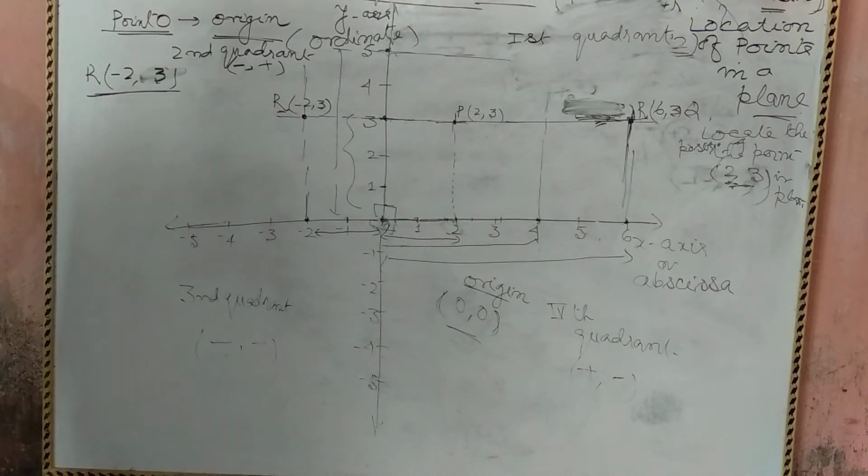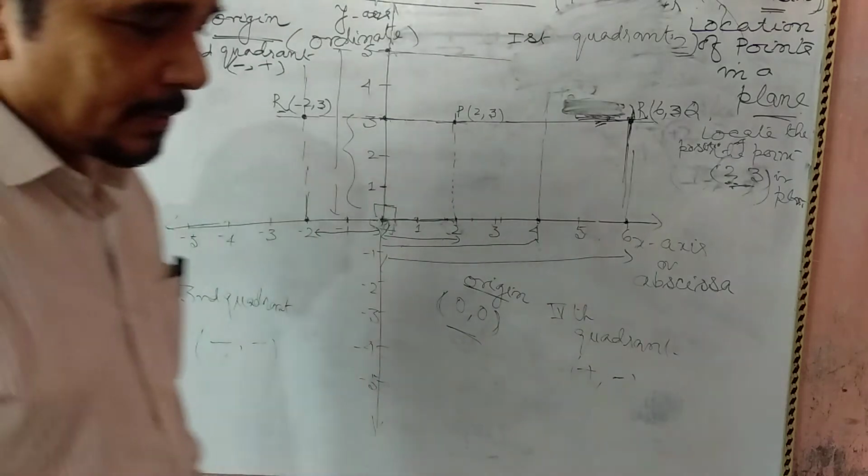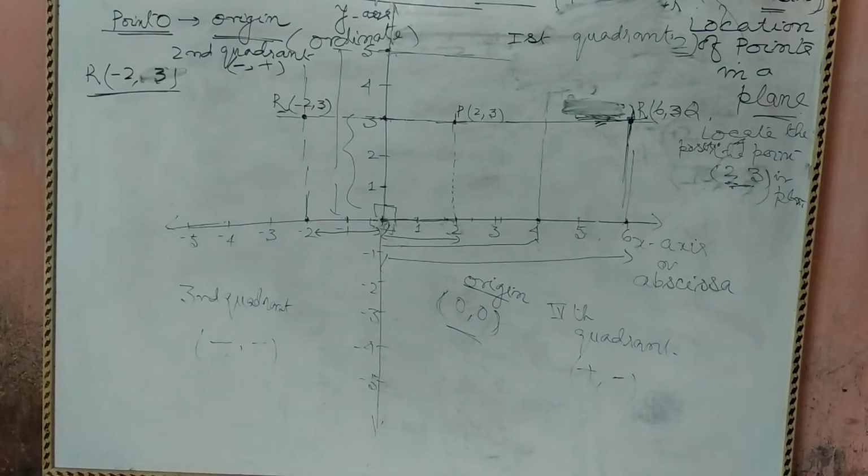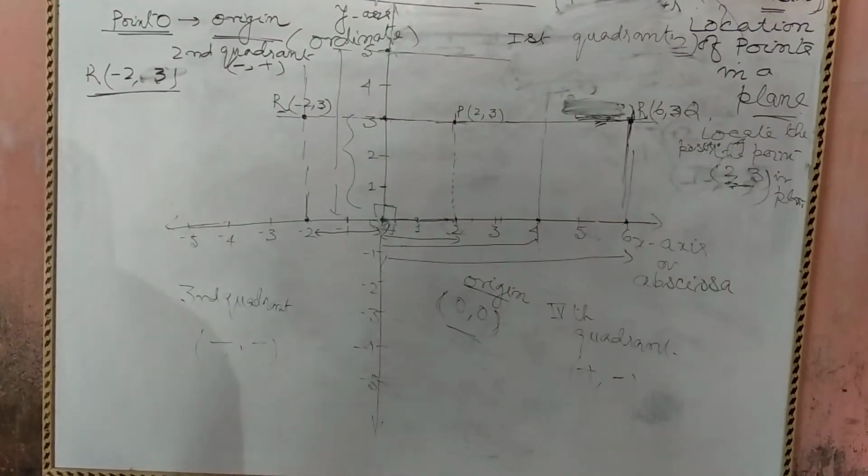And it is in ordered pair. The points should be in ordered pair. So here we locate the exact position of the ordered pair in a plane with their axes.